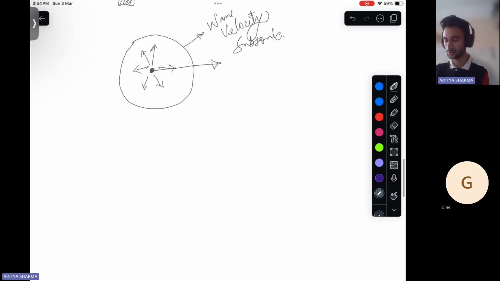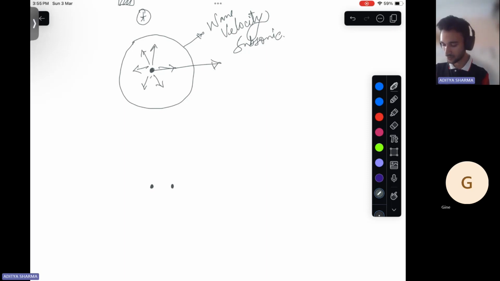For the sake of understanding, let us say this is subsonic. The question says it's supersonic, but let's say this is subsonic. So what will happen? This pressure wave will keep on moving. Let us say this is the initial position at some time t, and then it moved to this position.